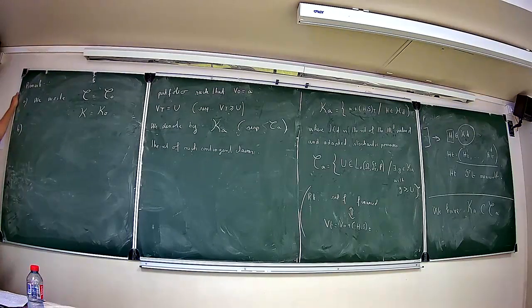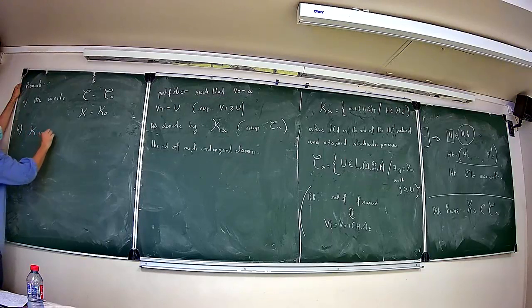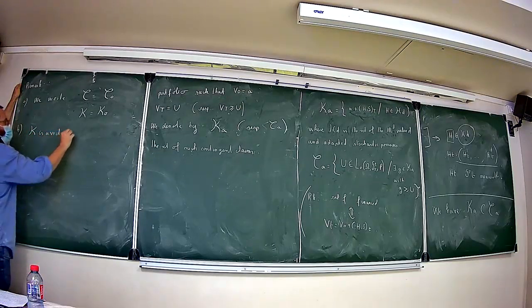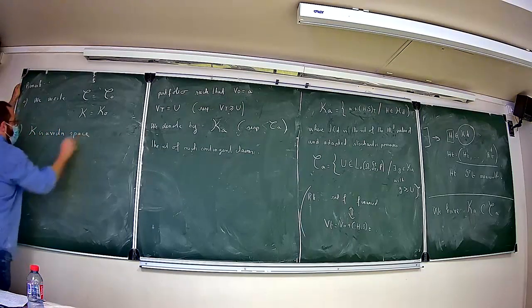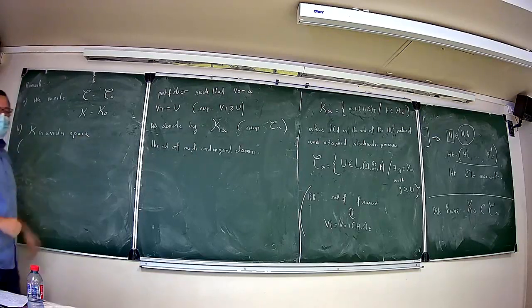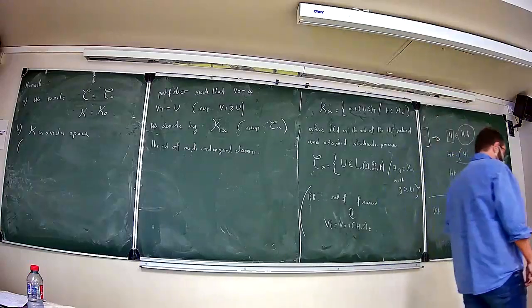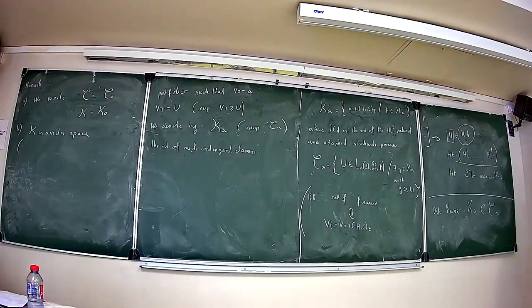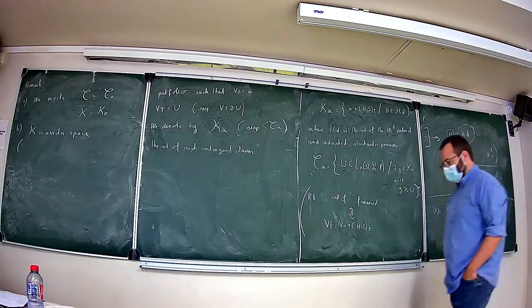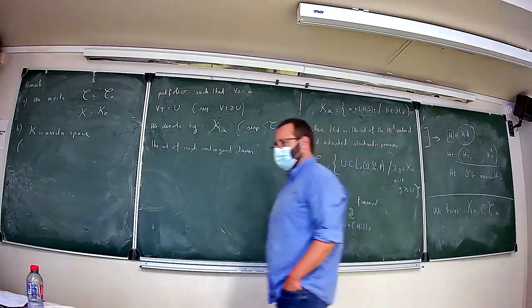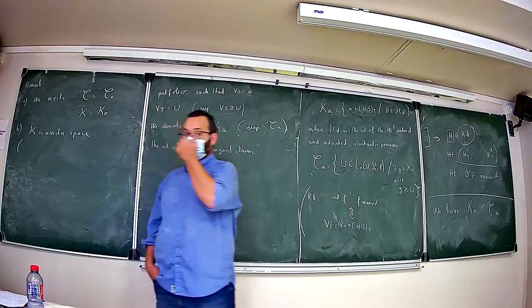I say the following. K is a vector space. And what can you say about a vector space in finite dimension from a topological point of view? A vector space.